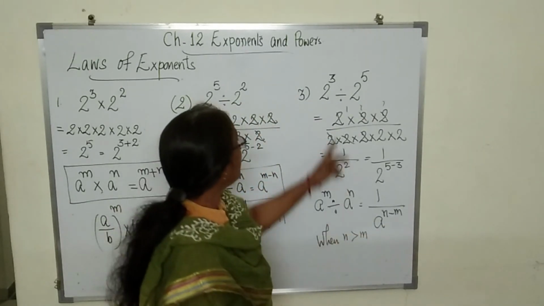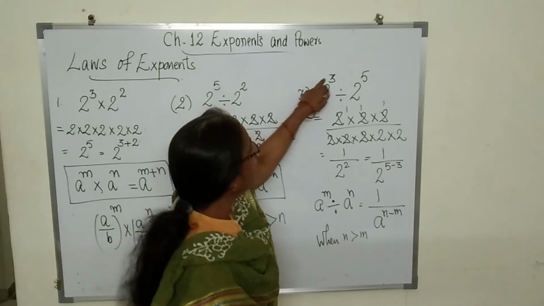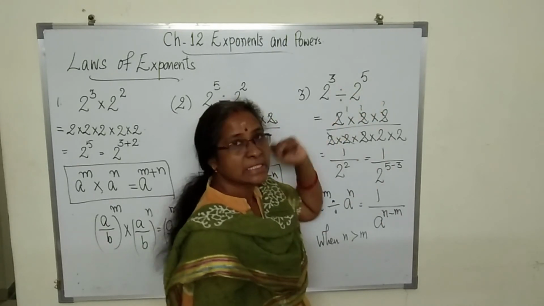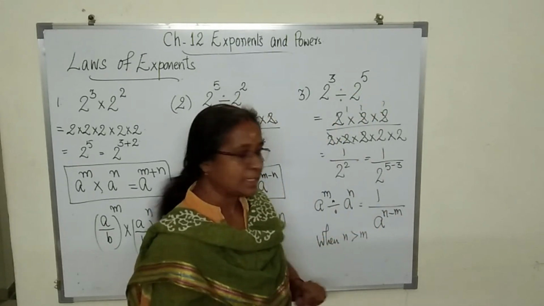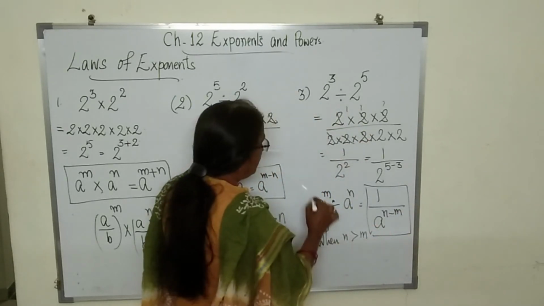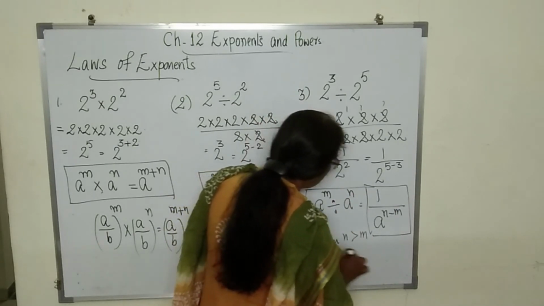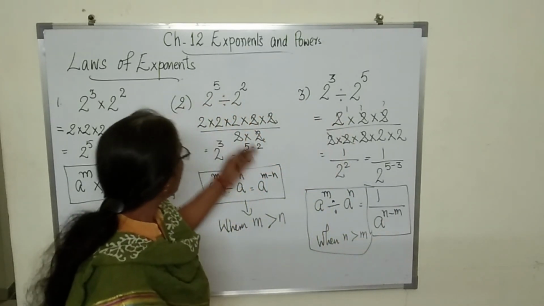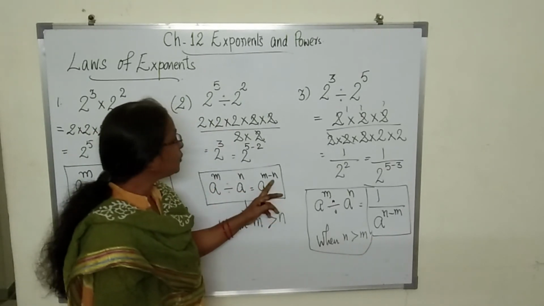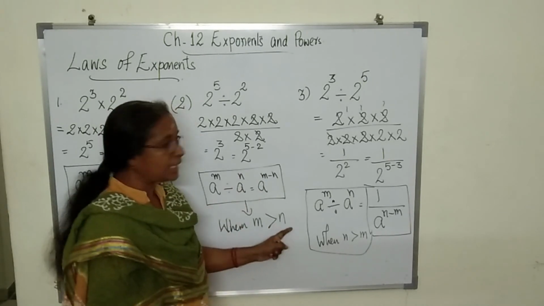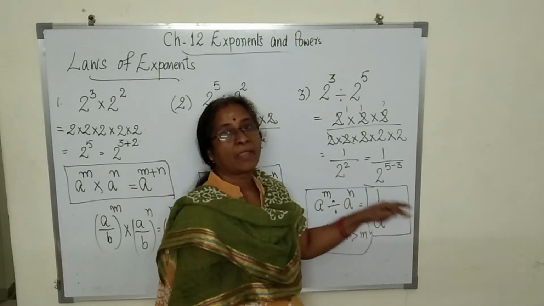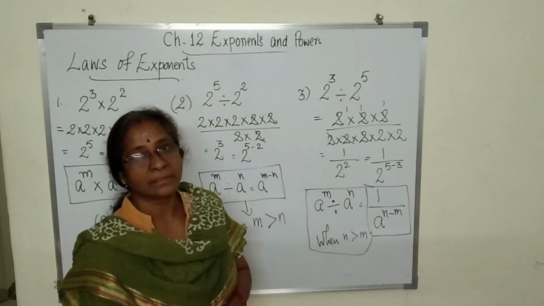Here m is 3 and n is 5, so we got 5 minus 3, that is n minus m, when n is greater. That means you get a negative power. So the second rule: a raised to m divided by a raised to n is a raised to m minus n when m is greater than n, and it is equal to 1 upon a raised to n minus m when n is greater than m.